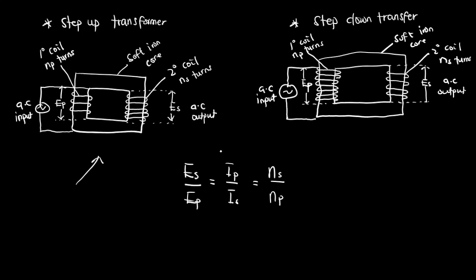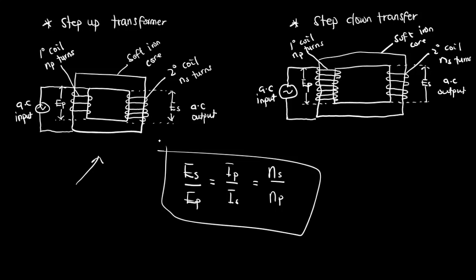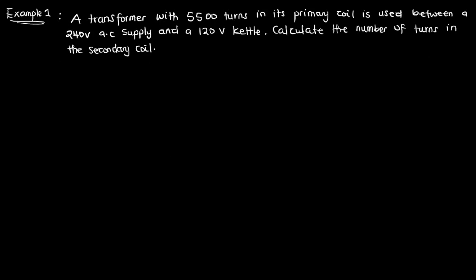From this expression, we can use this side as 1, this side as 1, and then just this and this also as 1, right? So we can get all our formulas from here. So now that we know this expression, let's go ahead and have some fun solving some problems on transformers.